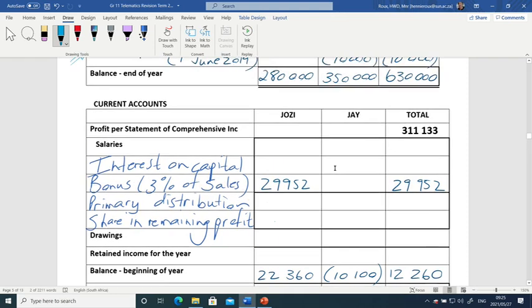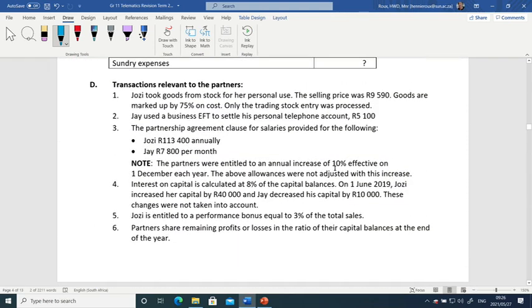Now we can start with the first transaction. Josie took goods from stock for her personal use. The selling price was 9,590. Goods are marked up by 75% on cost, and only the trading stock entry was processed.